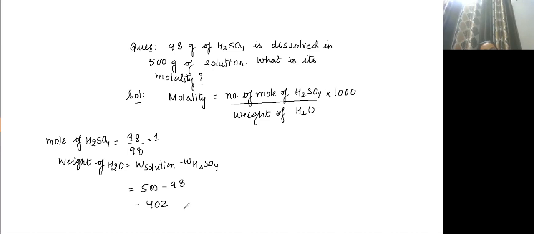This is in grams. That's why we are multiplying by 1000. So what is molality? 1 into 1000 by 402. So you will get approximately 2.49 molal. It is also represented as m. Now copy this. Next answer I want from your side.